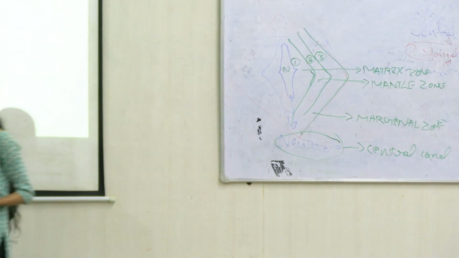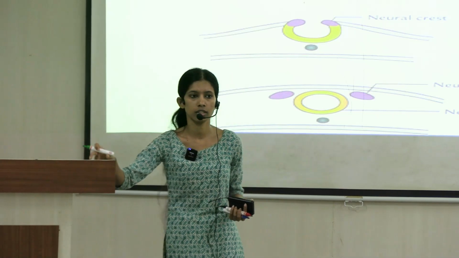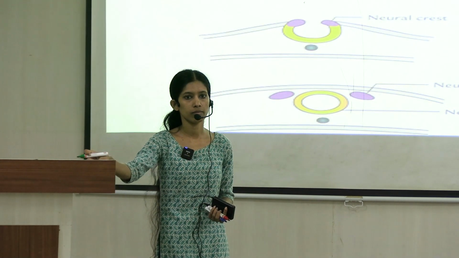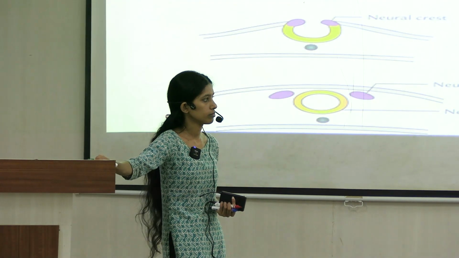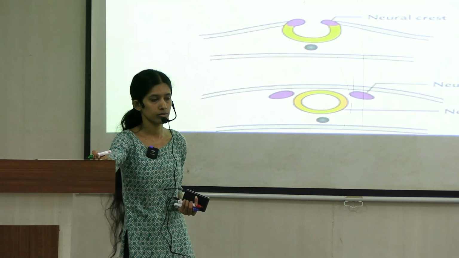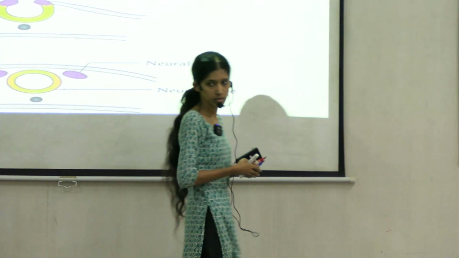What about the other 3 zones? What are the structures that develop from the other 3 zones? Do you guys know about the white matter and grey matter?